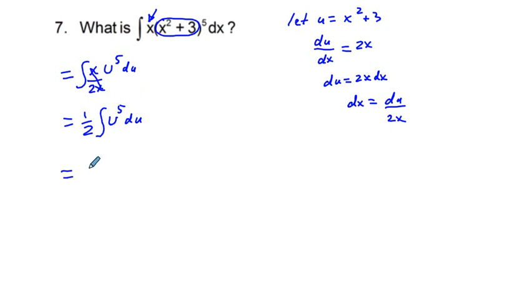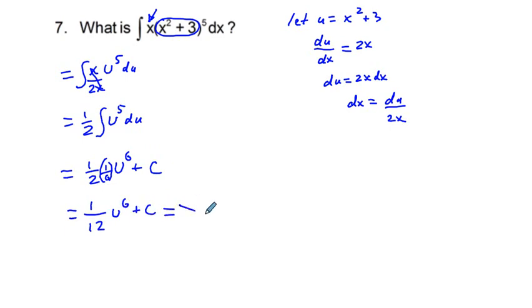And now we can take this u, the integral of u to the 5th power is u to the 6th power, and we're going to divide by 6, which is the same as multiplying by 1/6. And we're going to not forget our constant of integration c, so what we're going to get is 1/12 u to the 6th power plus c.